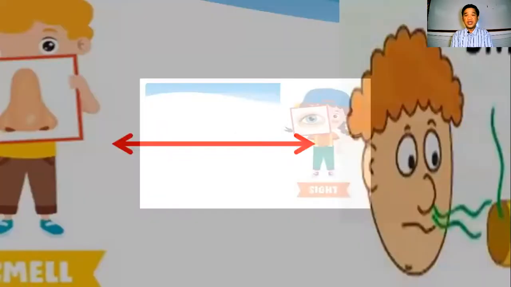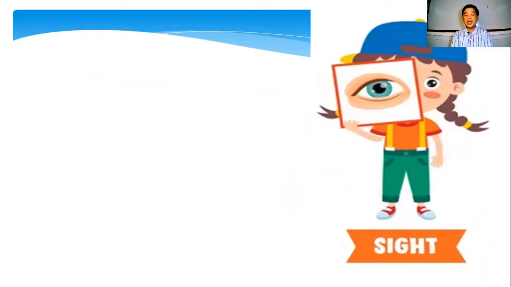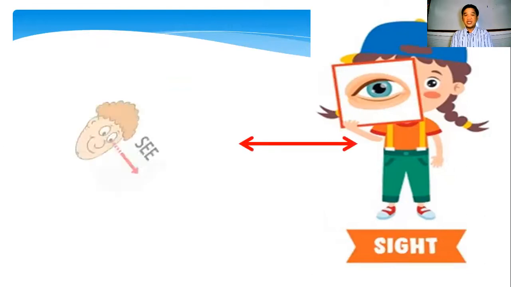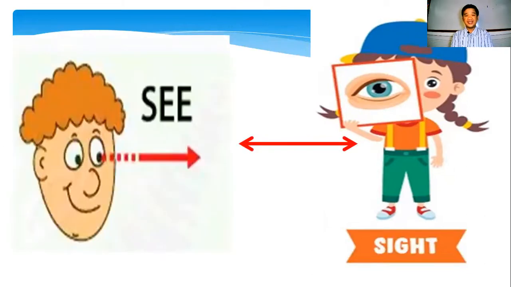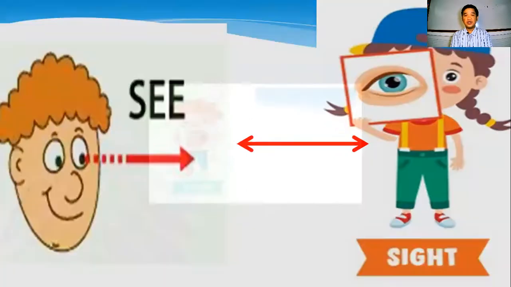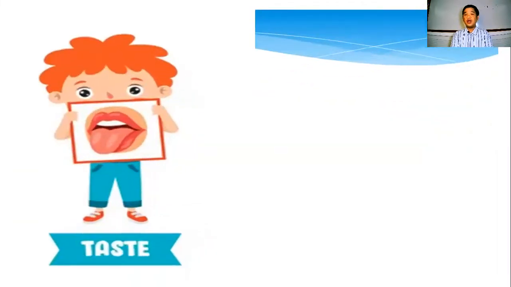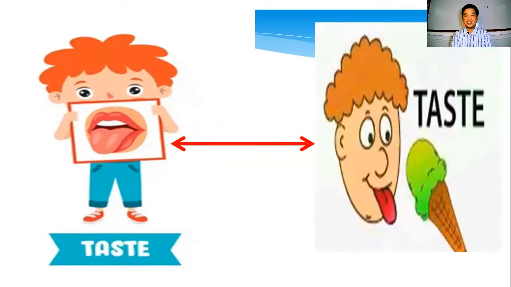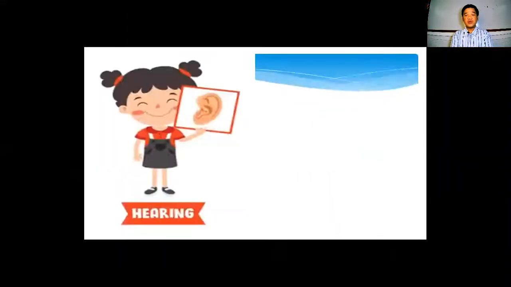And then we also have the eyes, and we use the eyes for sight, to see. And we also have the tongue, and we use the tongue for taste. We use our tongue to taste what we like to eat.